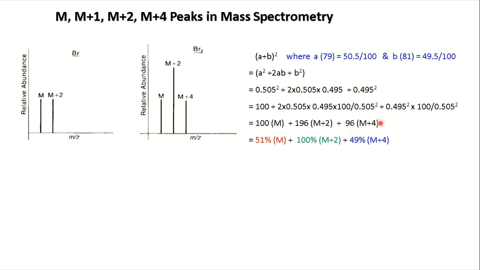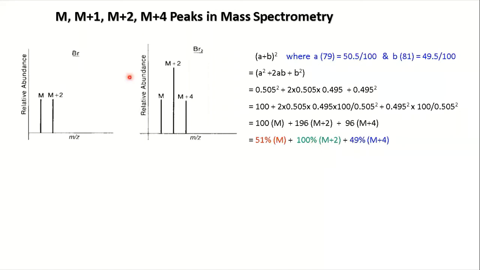Now in a mass spectrum, the highest peak will be adjusted as 100%, because this is relative abundance. With respect to the base peak, other peak percentages will be calculated. Understood? Here, this is 100, this is 196, and this is 96. So 196 is the highest peak. You make 196 into 100, and what will be the remaining part? Definitely the 100 will be close to 51 and 96 will be close to 49.